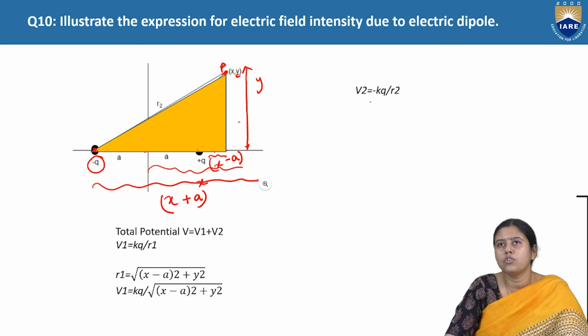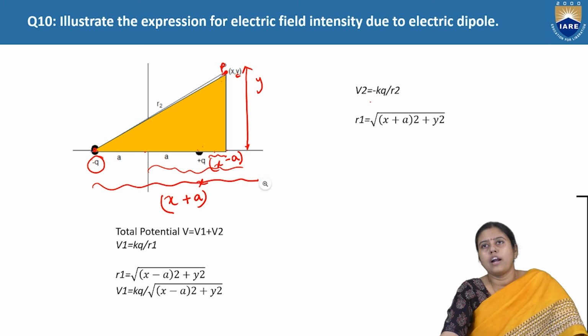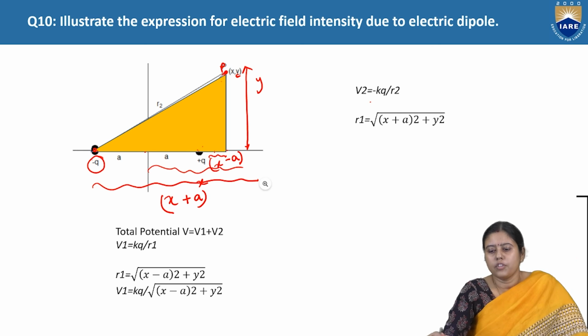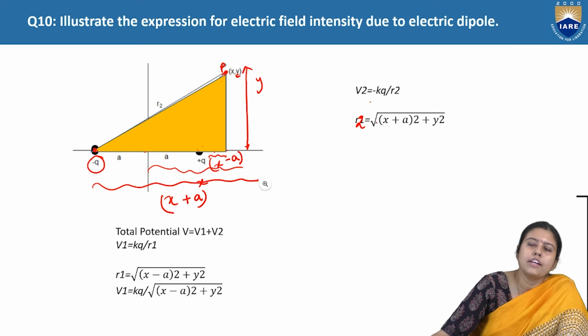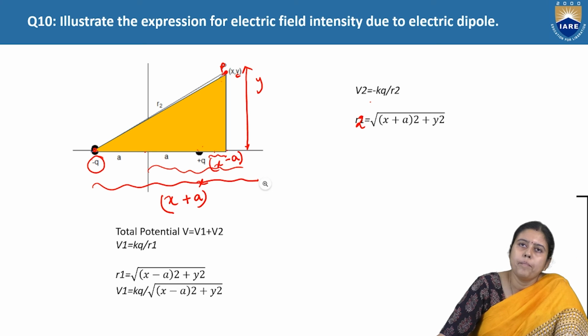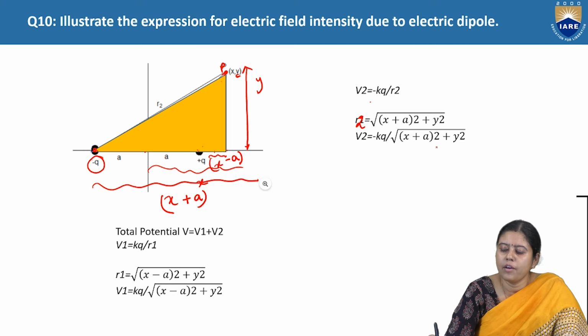So R2 is equal to root of (X plus A) whole squared plus Y squared, and V2 is equal to minus KQ by root of (X plus A) whole squared plus Y squared.